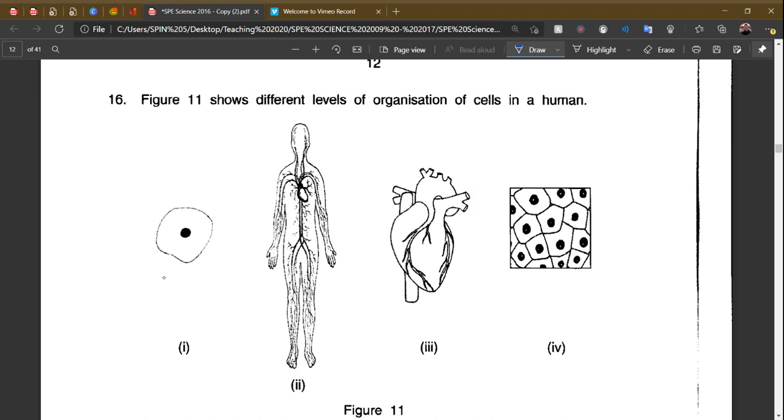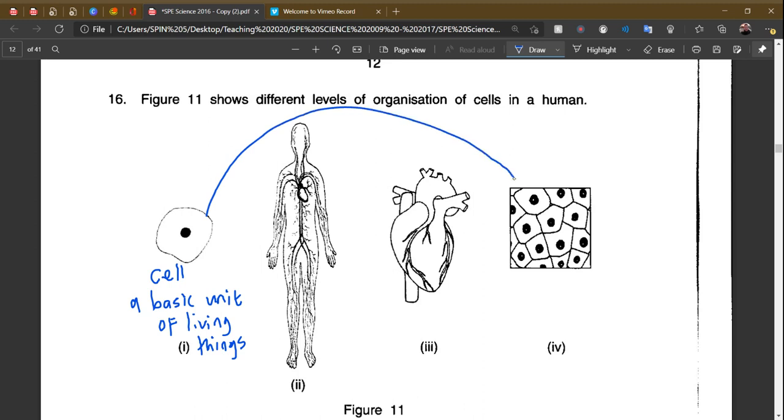And the simplest one is this one, which is a cell, a basic unit of living things, which means that all living things must have cells. After cells, these cells will be grouped together to perform a specific function, and that's what is called tissues.